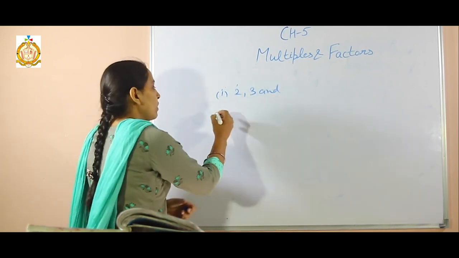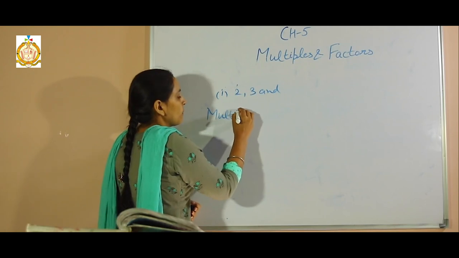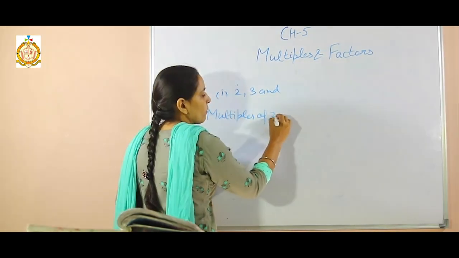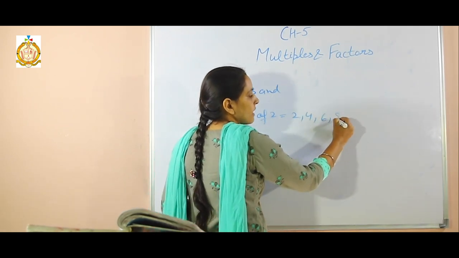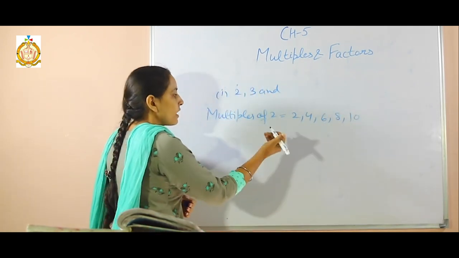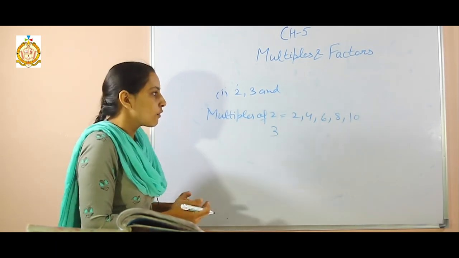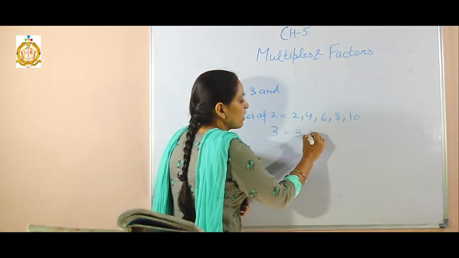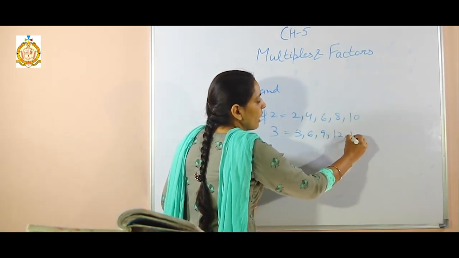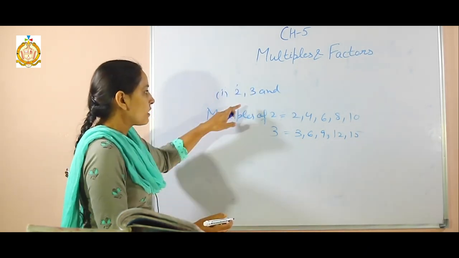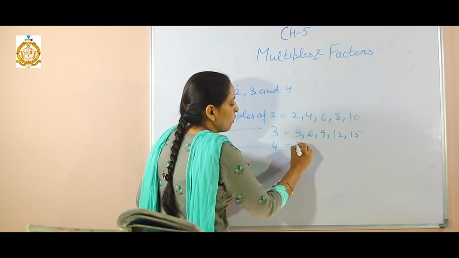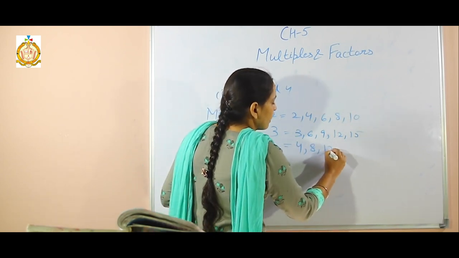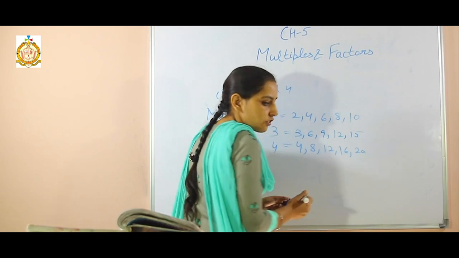First of all, write down 5 multiples of 2: 2, 4, 6, 8 and 10. Next, the multiples of 3: 3, 6, 9, 12 and 15. Next one is 4. Write down the multiples of 4: 4, 8, 12, 16 and 20.